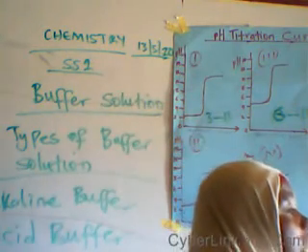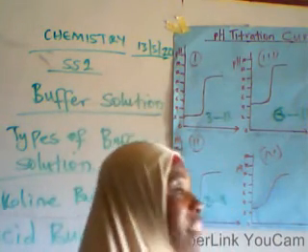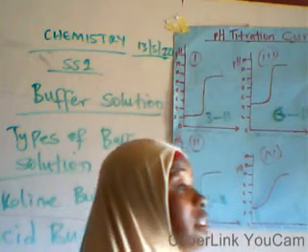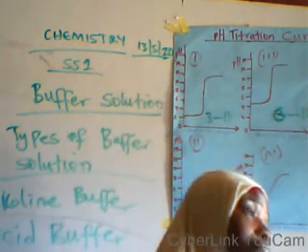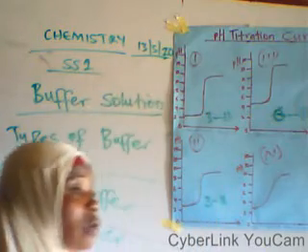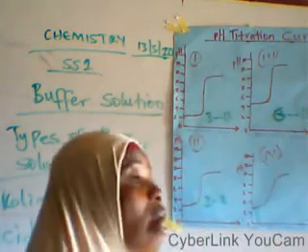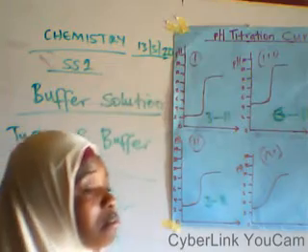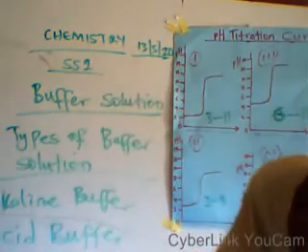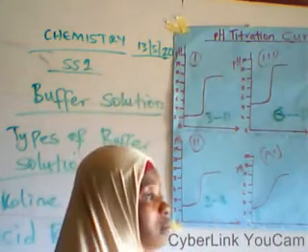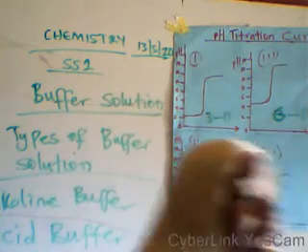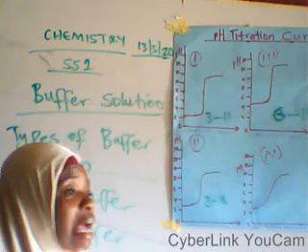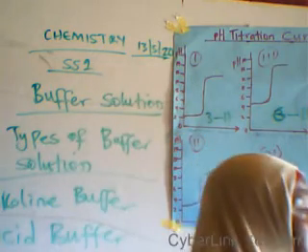For example, hydrogen trioxocarbonate IV, or hydrogen trioxosulfate IV, and its salt, it may be sodium trioxosulfate IV or potassium trioxosulfate IV, in the solution of their weak acid. That is another example of acid buffer.